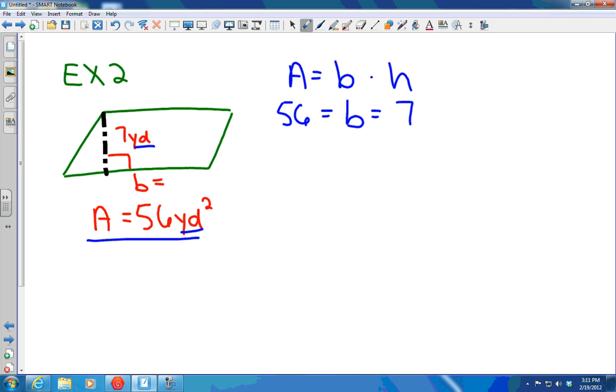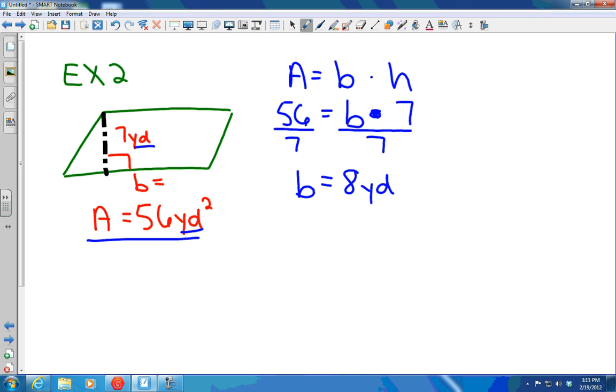Now, that should be multiply. I want to solve for B, so I'm going to divide both sides by 7. So B equals 56 divided by 7, which is 8. And in this case, it will be yards.